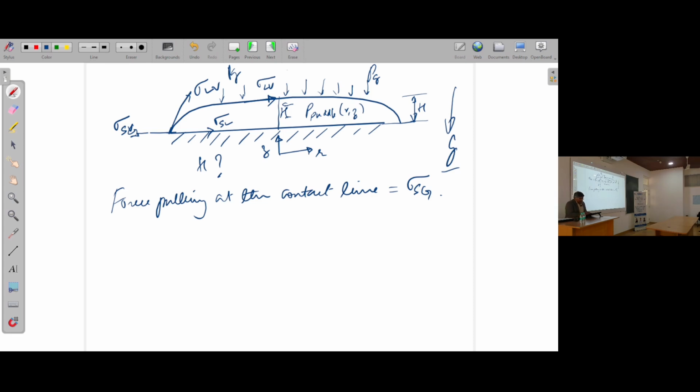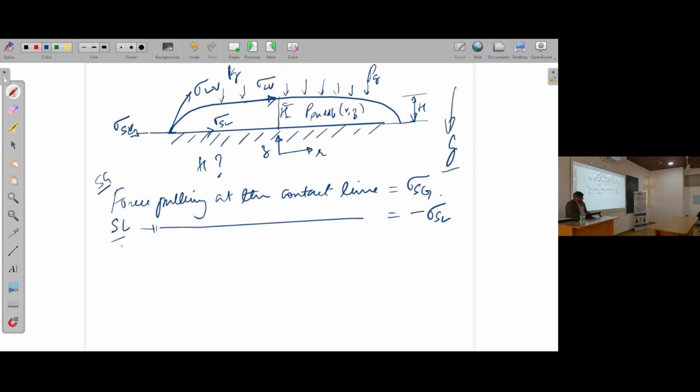Signs don't matter as long as we follow some convention. You also have the solid liquid force pulling at the contact line. If sigma Sg is in that direction, sigma Sl is in this direction. So if this is positive, this is negative. As I mentioned, as long as we follow a convention, it doesn't matter.